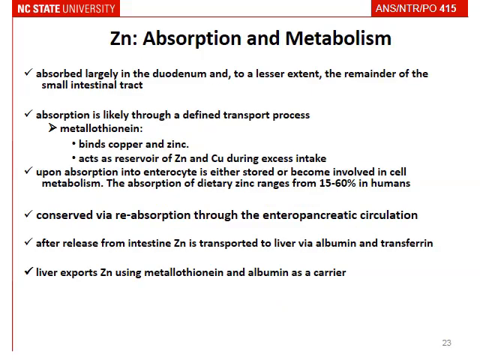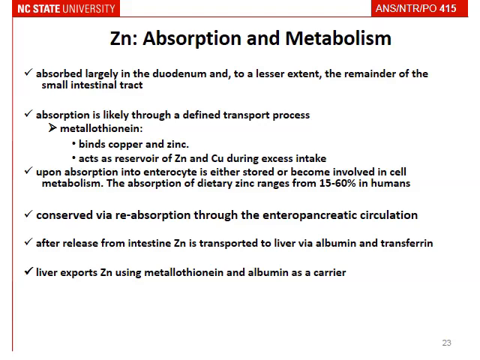So the absorption and metabolism of zinc. Zinc is primarily absorbed in the duodenum, but it can be absorbed throughout the whole small intestine. So also from the jejunum and the ileum, but it's primarily in the duodenum.